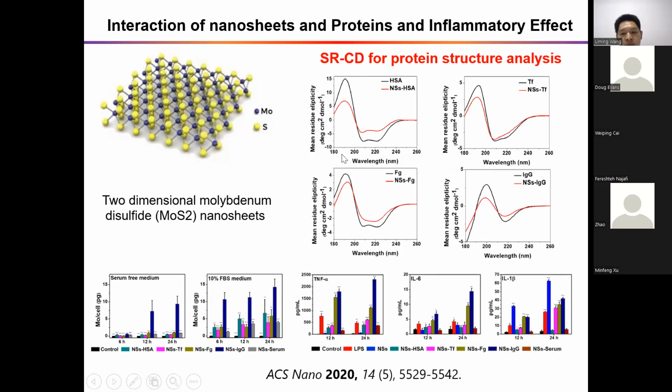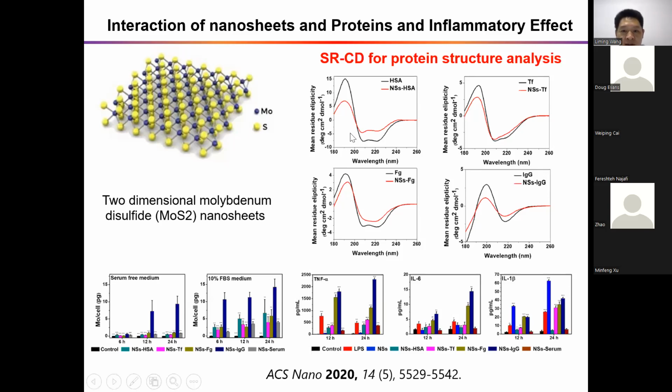So between 160 and 190, there are many detailed secondary structure signals. Based on this detailed structure, we can calculate and fit the structure before and after interaction with proteins. They can give more detailed structure information.